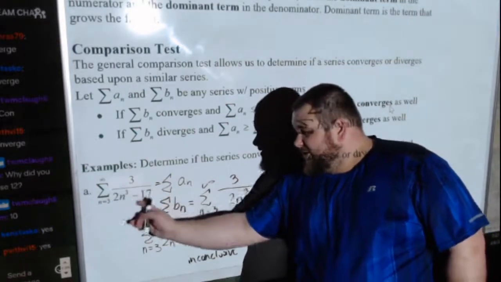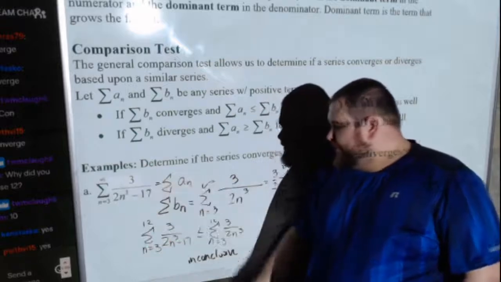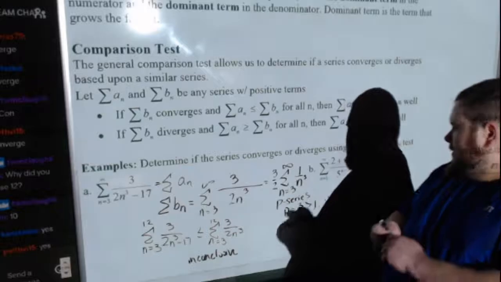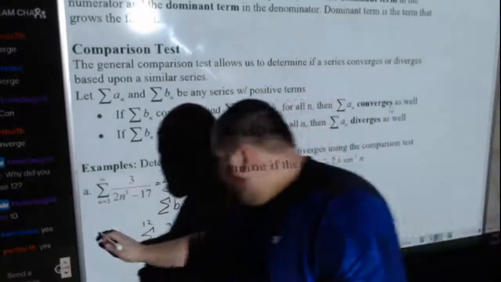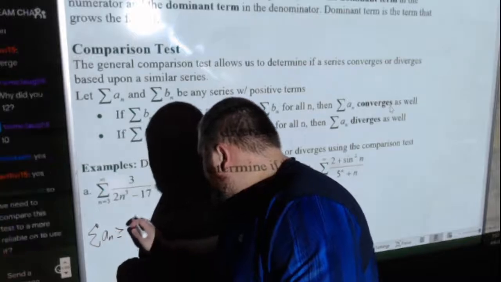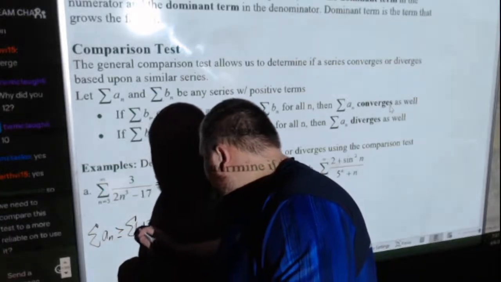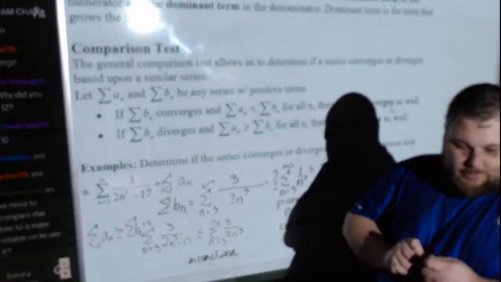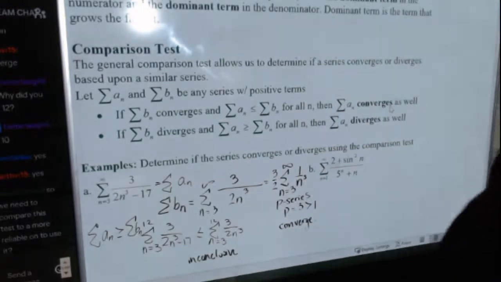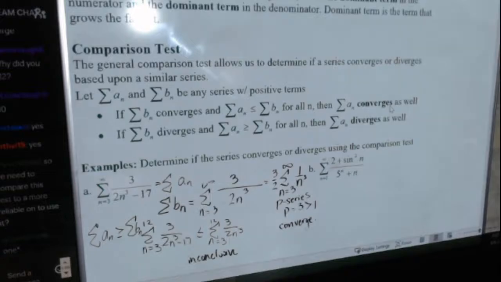Right? If I divide by a smaller number, I'm getting bigger numbers. If every term here is slightly bigger, well then the sum of a sub n is probably going to be bigger than b sub n. And if that's the case, well, that's not what I was looking for. And so this turns out to be inconclusive.